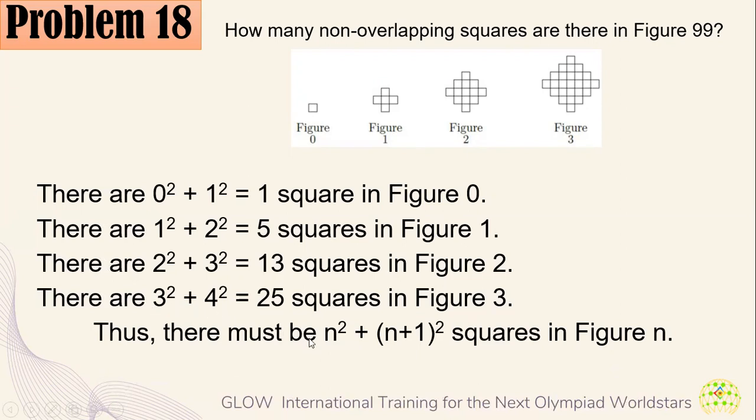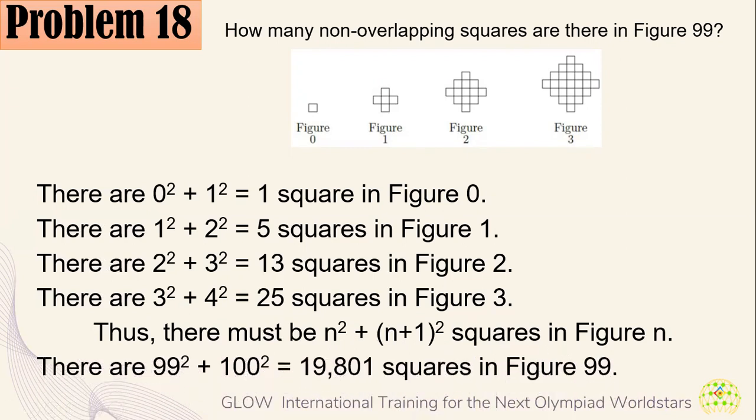So in figure n, there are n squared plus the quantity n plus 1, squared, squares. So in figure 99, that would be 99 squared plus 100 squared, which is 19,801 squares in figure 99.